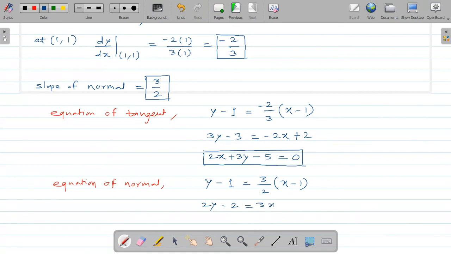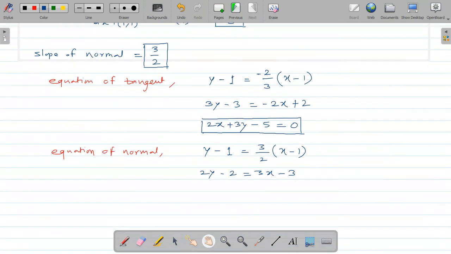So 3x minus 3. Now if you rearrange this, then you will get 3x minus 2y minus 1 is equal to 0. So this is the equation of normal to that curve at point (1, 1).